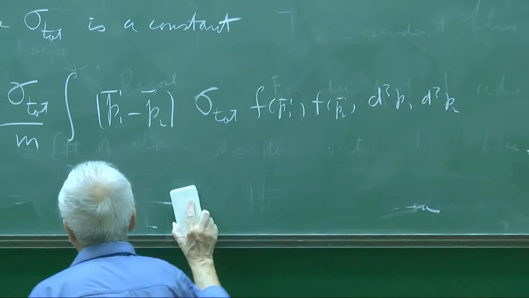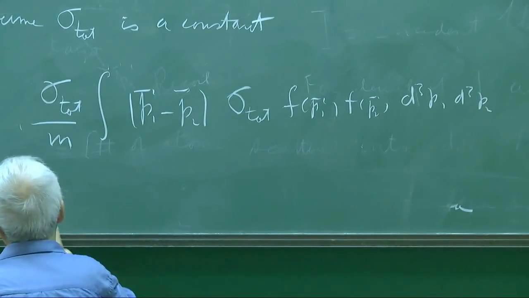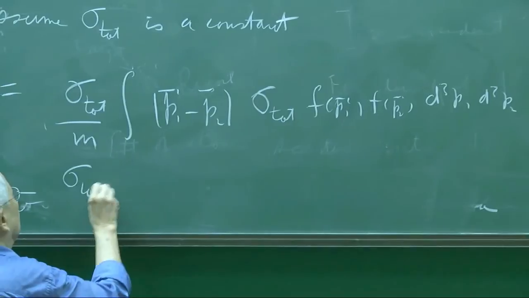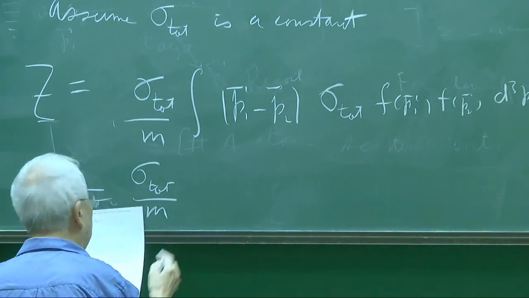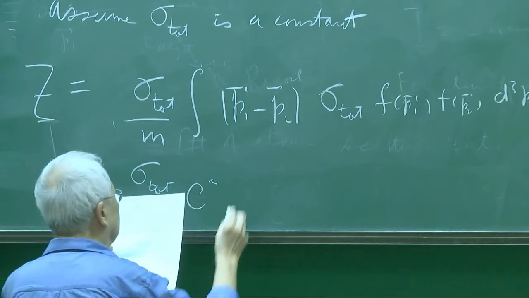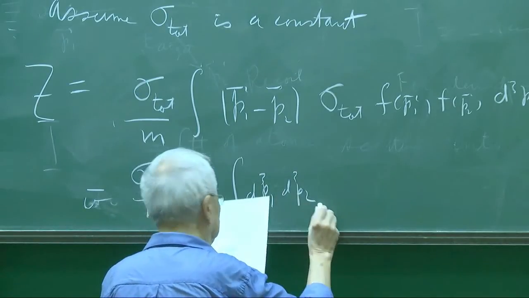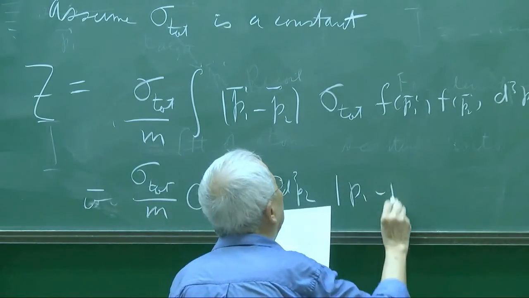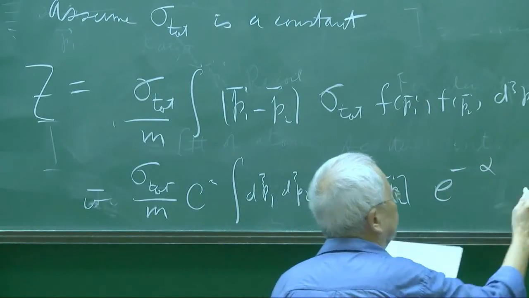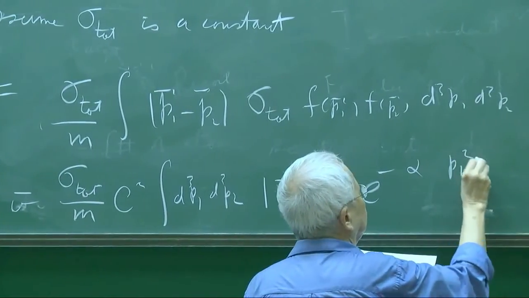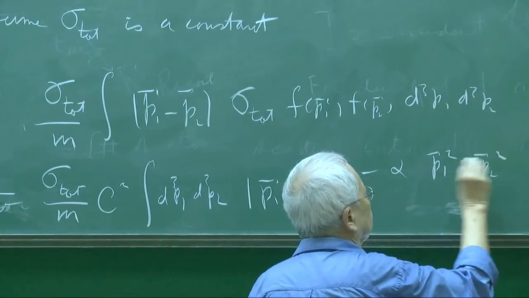The easiest way to do this, let me just write down one step. This is equal to sigma total over m times c squared times the integral d3p1 d3p2 |p1 minus p2| times e to the minus alpha (p1 squared plus p2 squared), and these are vectors, vector squared.